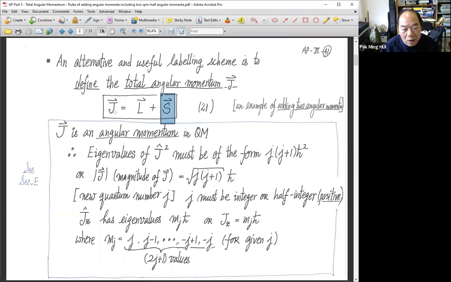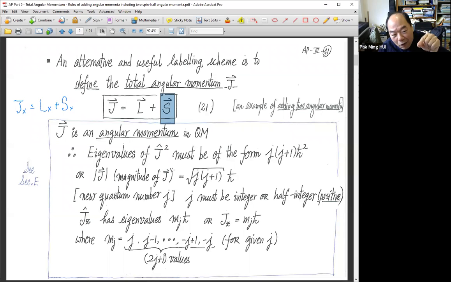For example, Jx is just Lx plus Sx. Lx will act upon things in theta phi space. Sx will look for some column thing to operate on. They operate on different things.